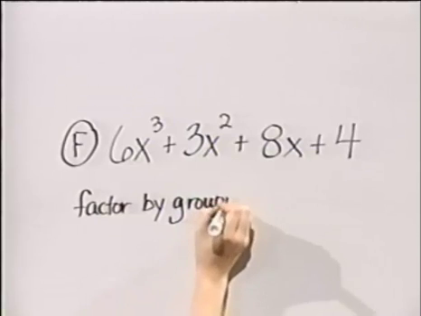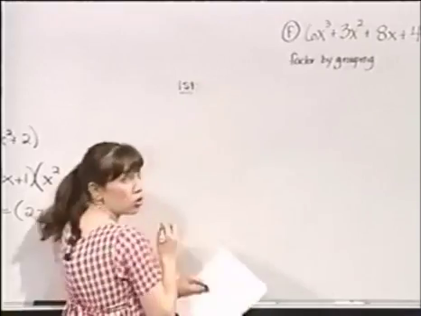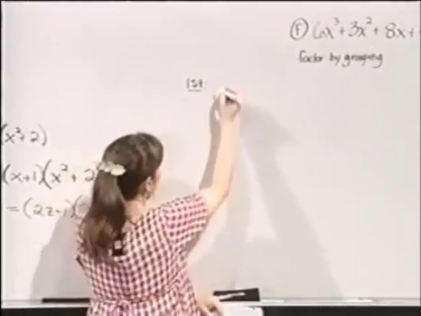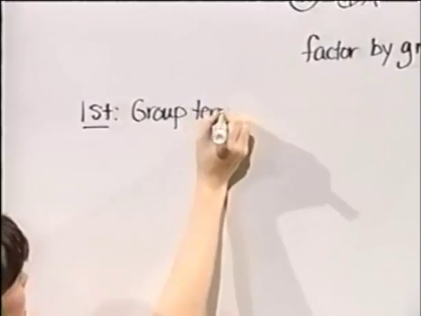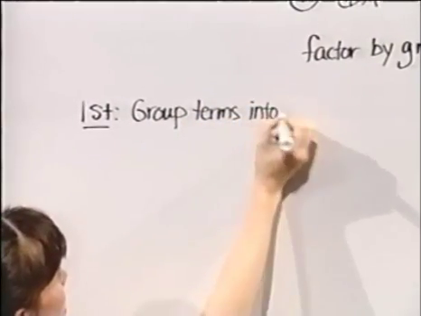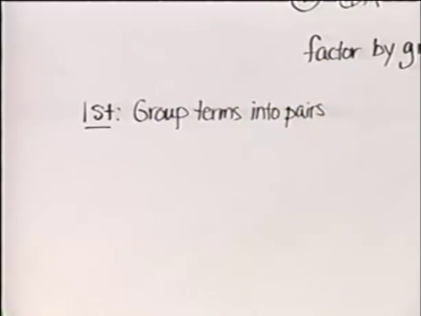And here's what you do. The first step when you're factoring by grouping is to group terms into pairs.